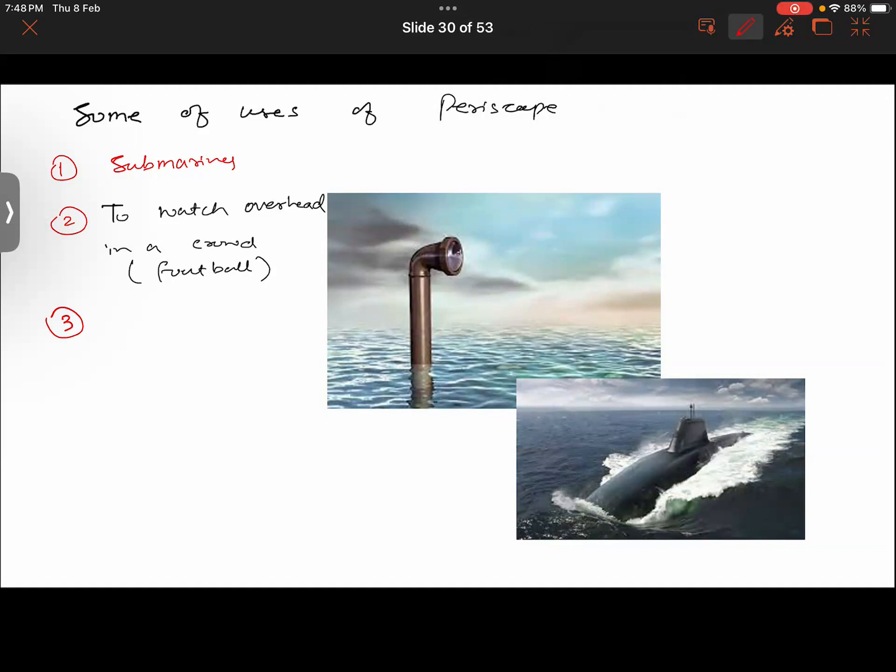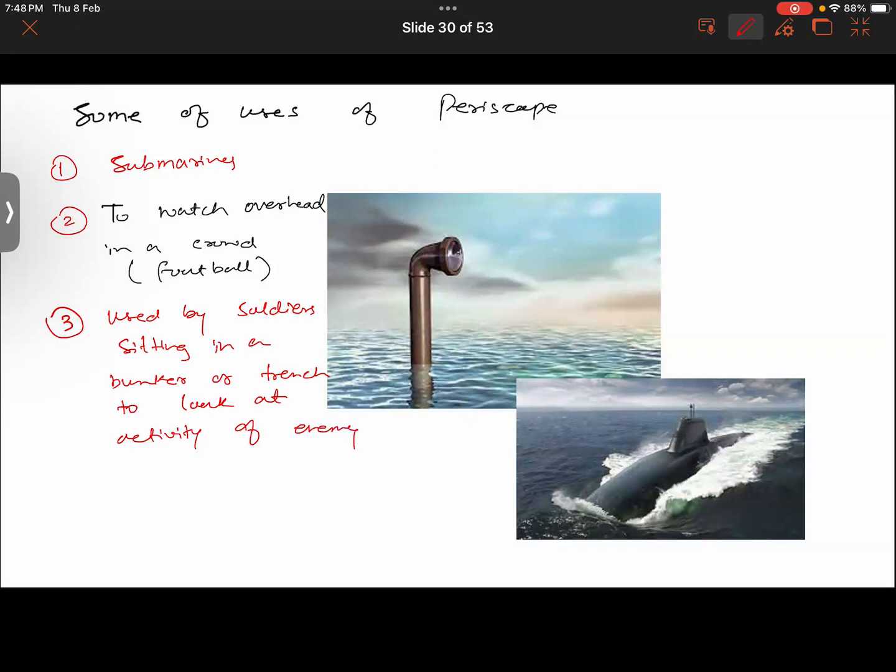So thereby they will be safe. Getting it now? So it is used by soldiers who are sitting in a bunker or trench to look at the activity of the enemy.